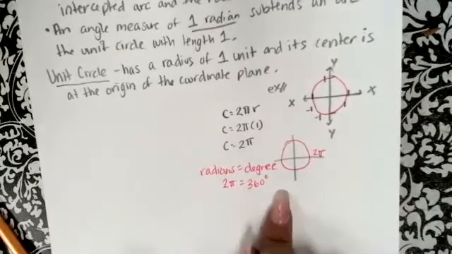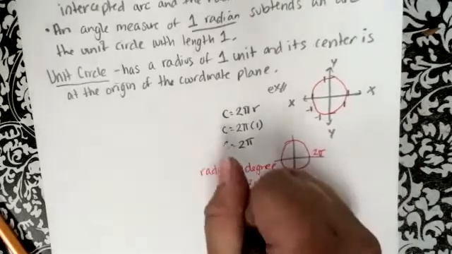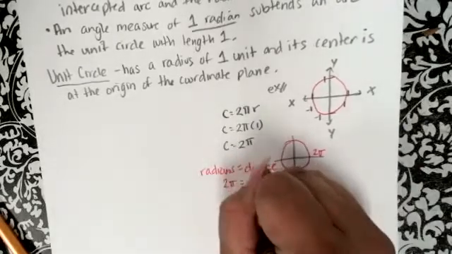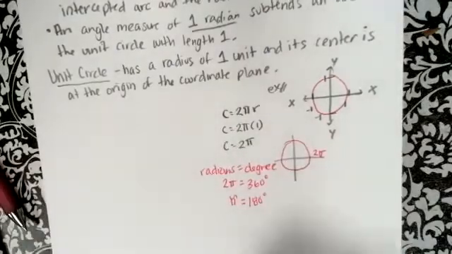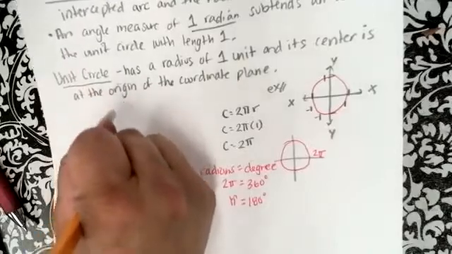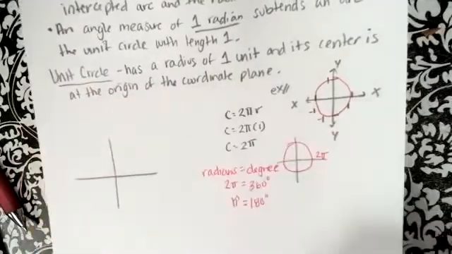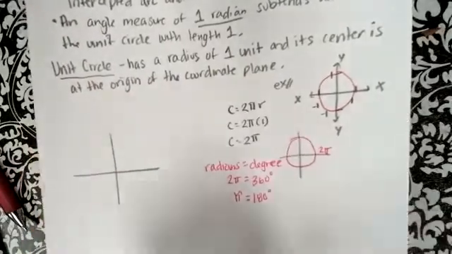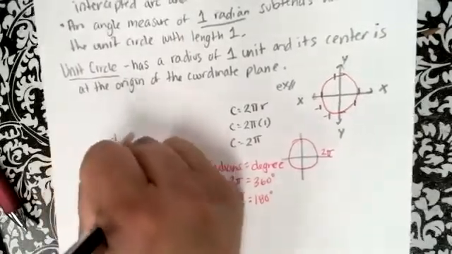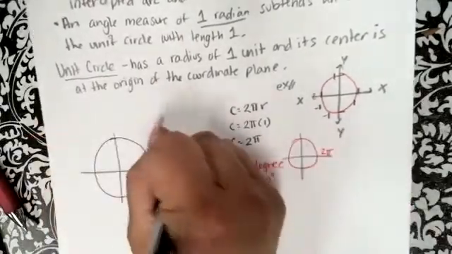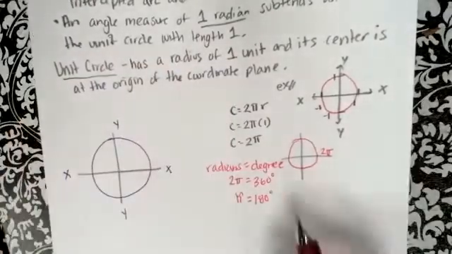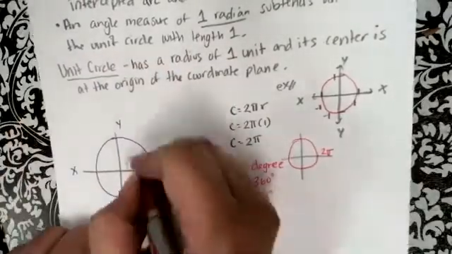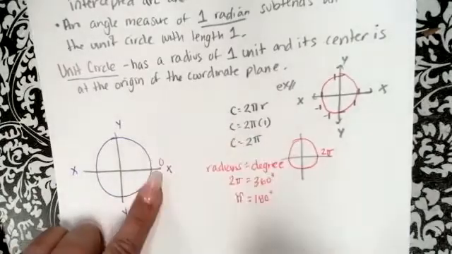So if we're going to convert these, basically if I divide both sides by 2, pi is equal to 180 degrees. So if that's the case, when we're talking about our unit circle, this is my x-axis, this is my y-axis. So where 0 is at, that's going to be 0.